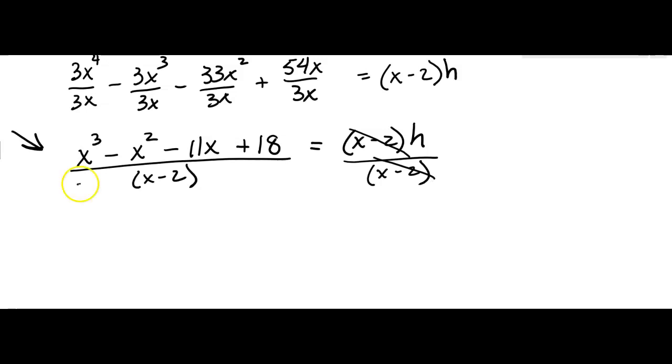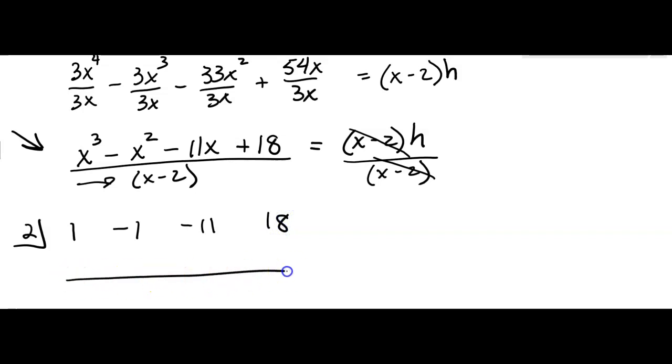Well, the divisor is linear, so I can say 2 in the box. I'm going to use synthetic division. I can do that because the divisor is linear. And then I'll pull off the coefficients off the top: 1, negative 11, 18.